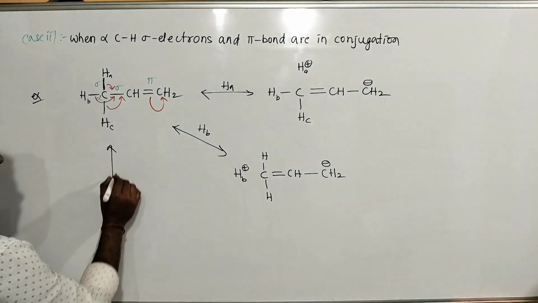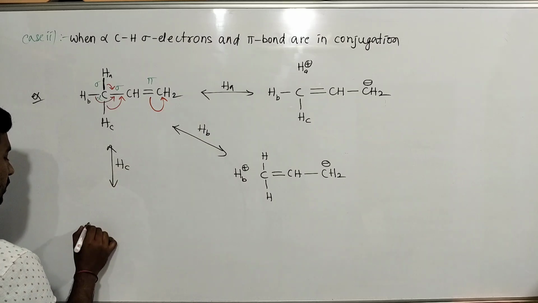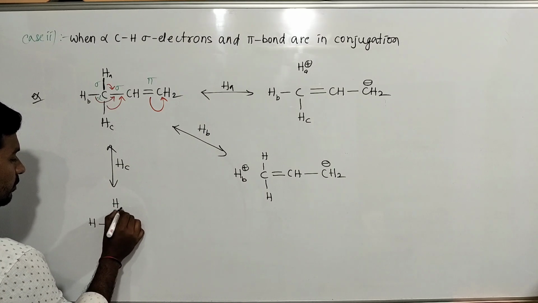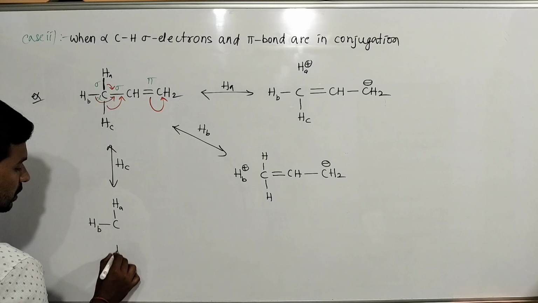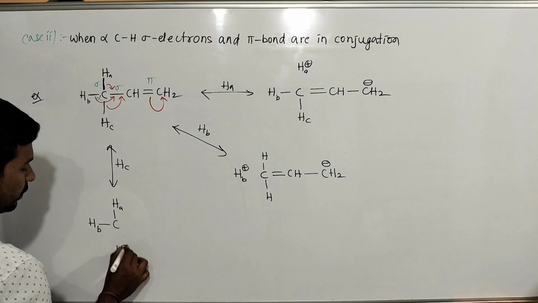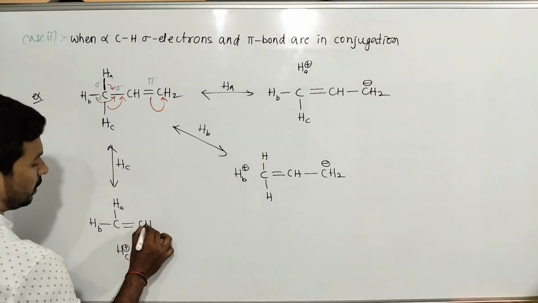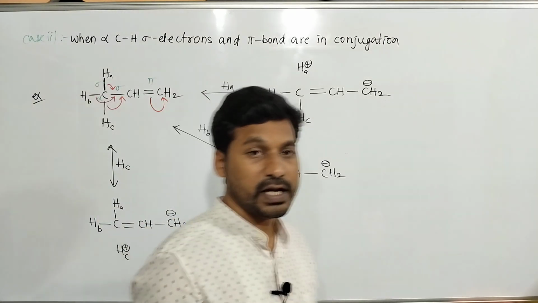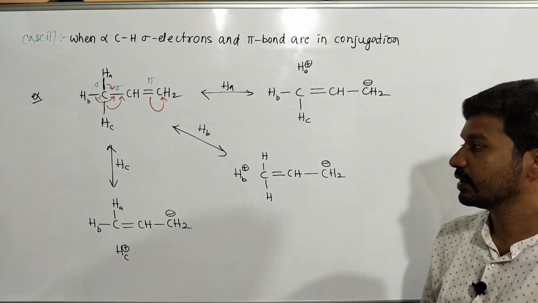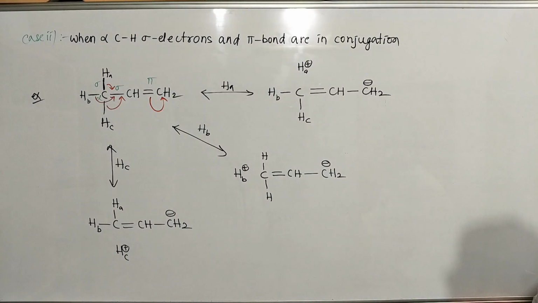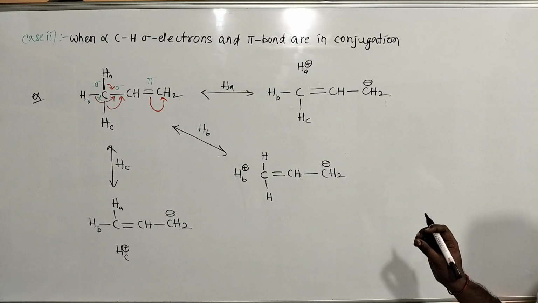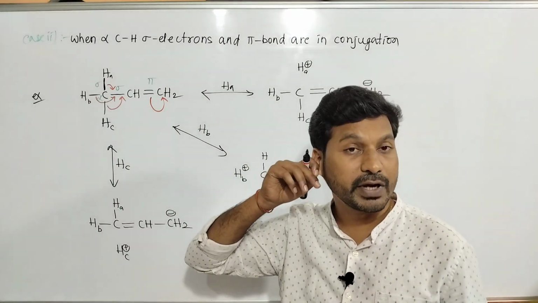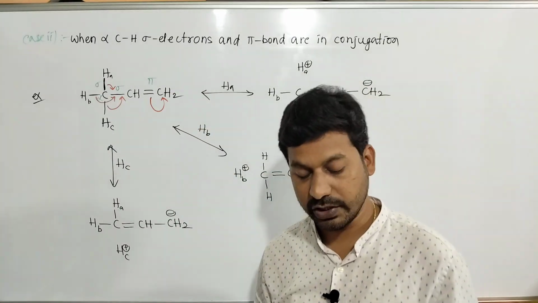Due to hyperconjugation of the third one, the first bond is the same, second bond is the same, A, B same, but this HC hydrogen becomes positive, here a double bond, and this carbon becomes negative. There are 3 alpha hydrogen, so 3 hyperconjugative structures. Okay, in this way, hyperconjugation is possible whenever alpha carbon CH sigma electrons and a pi bond are in conjugation.